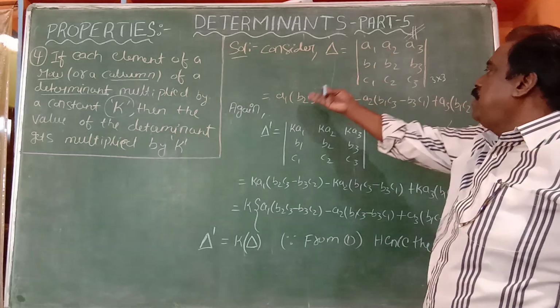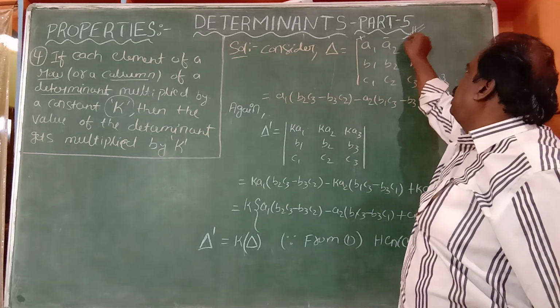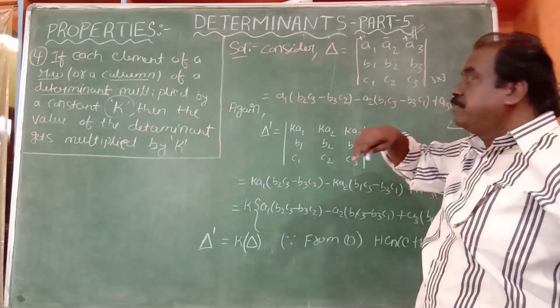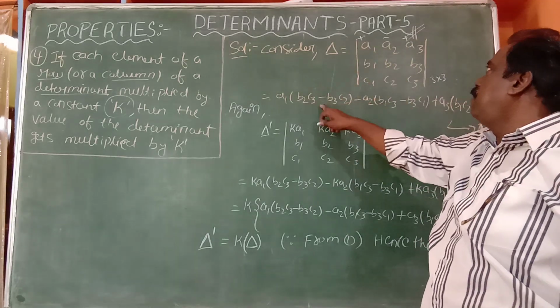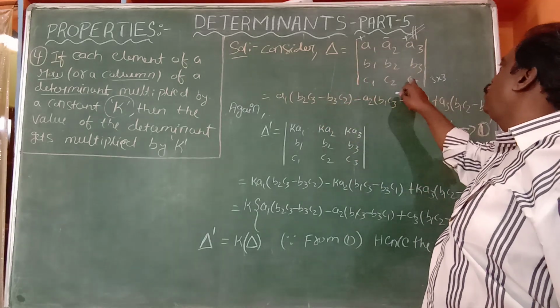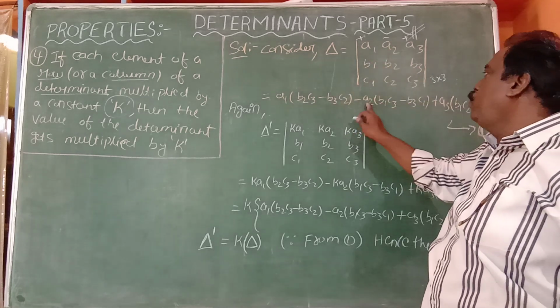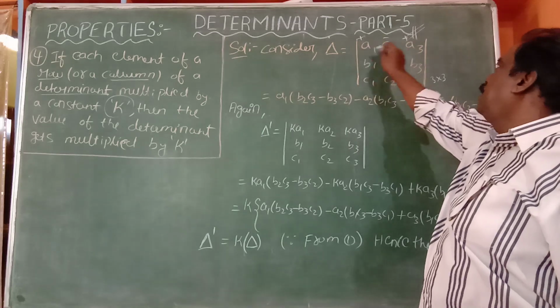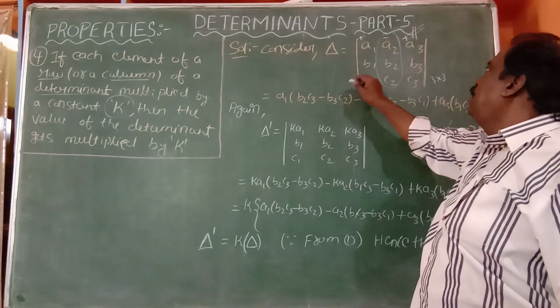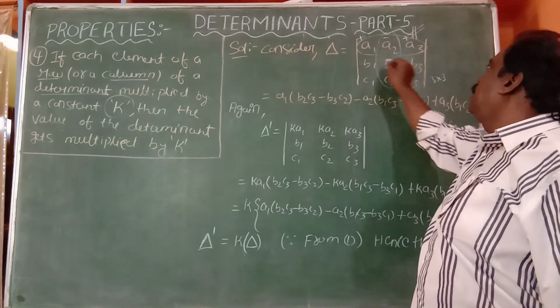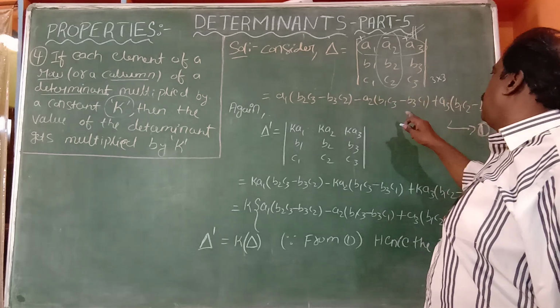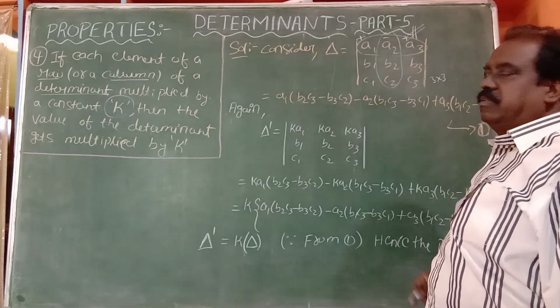Its value is, with signs plus minus plus, A1 of, row and column related, B2 C3 minus B3 C2. Next, minus A2 of, that row and column related, the remaining elements are B1 C3 minus B3 C1.